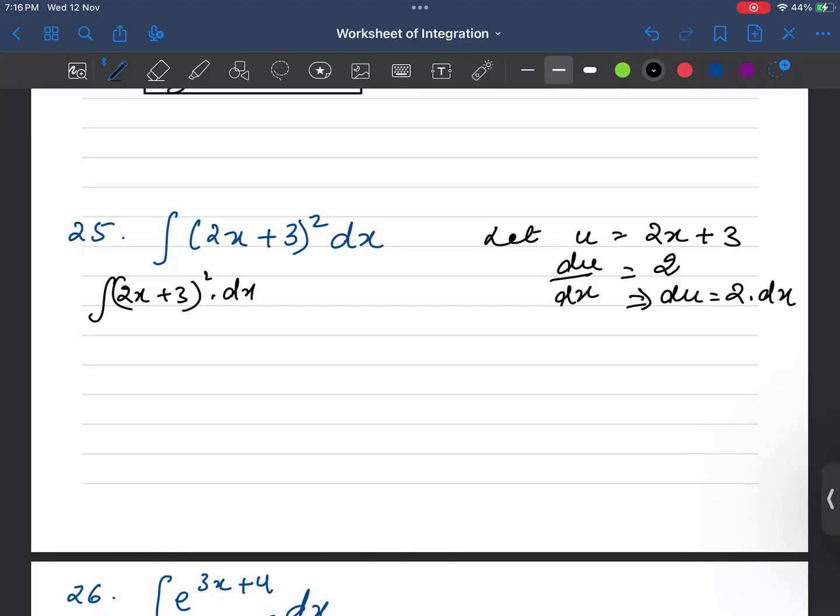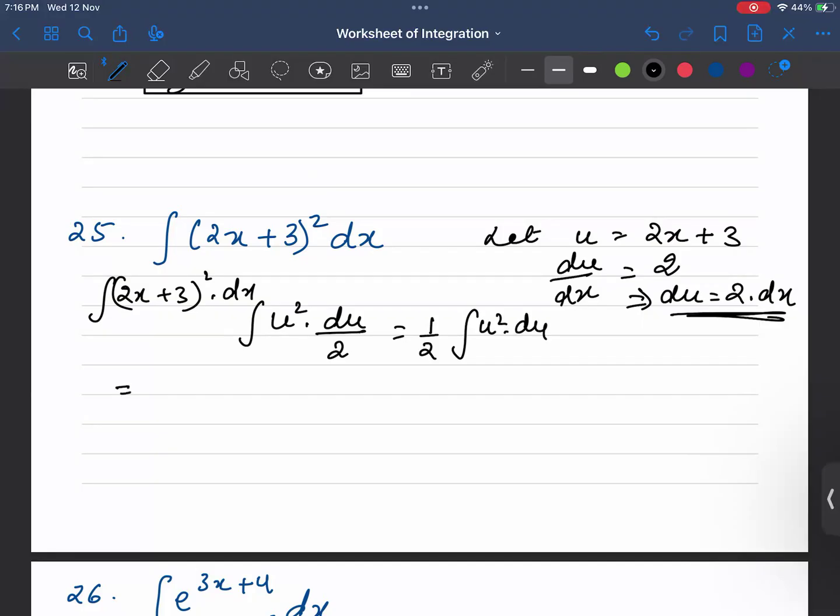2x plus 3 will be u squared dx. We are integrating it, and in place of dx, can we write du upon 2? Right? So half the integral of u squared du.